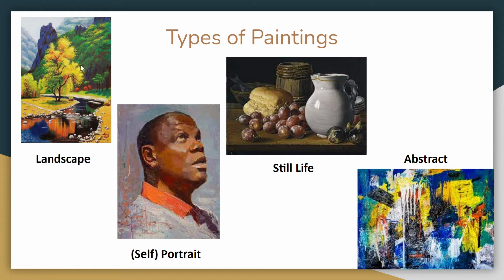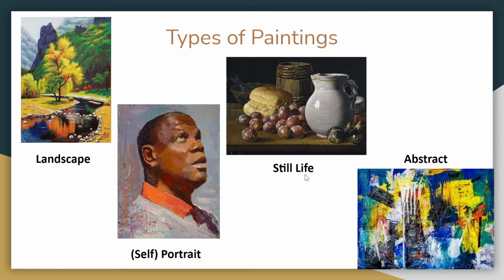Next, we have this one, still life. If you are not drawing nature, if you are not drawing people, you probably are drawing still life. This is really everything else. Ordinary objects. You see here some food and a cup. Any object can be painted as a still life, right?